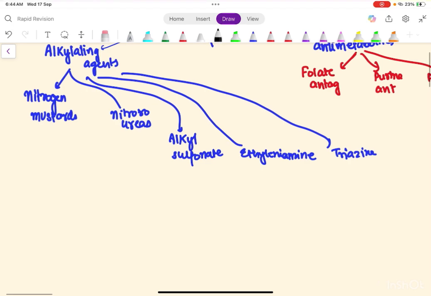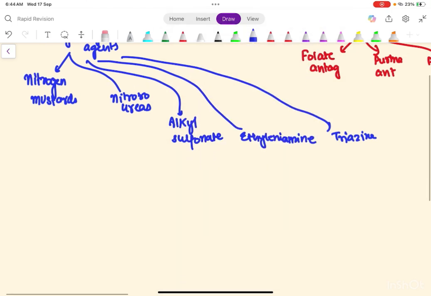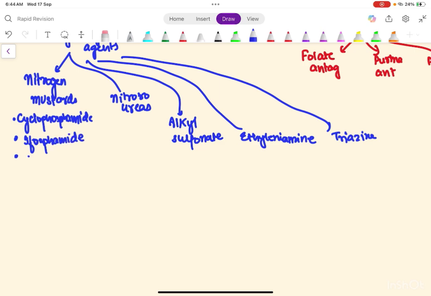So starting from the first one, which is the alkylating agents. In alkylating agents, the first one that I've written is nitrogen mustards. In nitrogen mustards, you have to remember cyclophosphamide, then ifosfamide, chlorambucil, melphalan, and mechlorethamine.